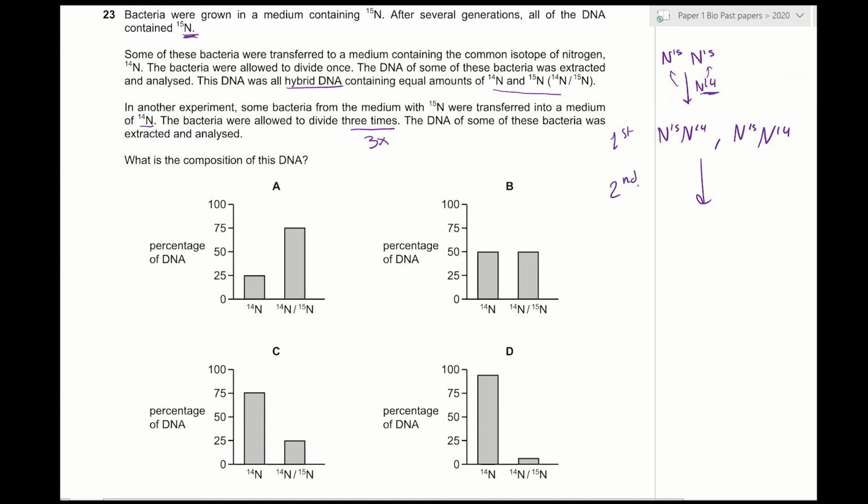Now, in the second division, we're also adding N14 to these, forming N15, N14, N14, N15, N14, and N14, N14. Here, as we can see, there is 50% of N14 and another 50% which is hybrid.